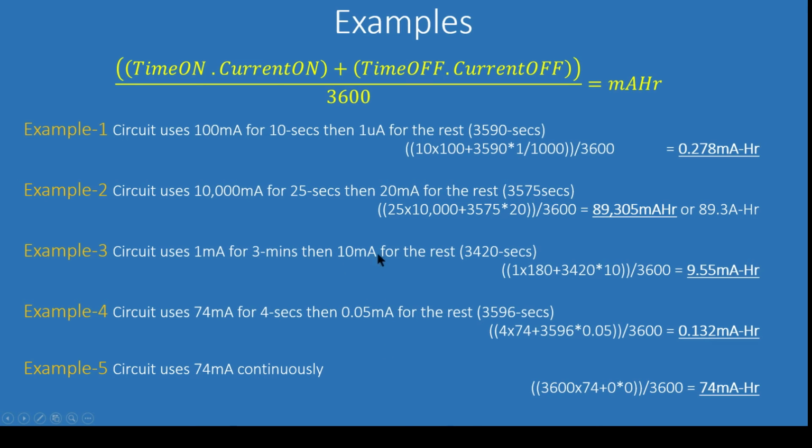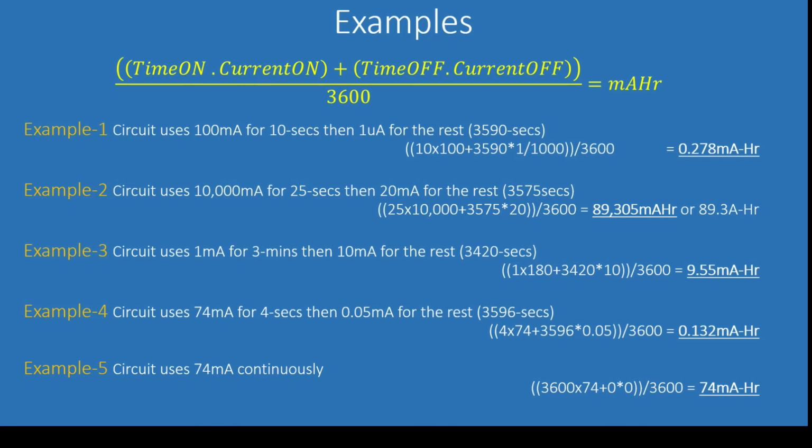Because this is the most dominant part of the calculation, logically you should expect the answer to be very close to this dominant, and indeed it is. The dominant part of the calculation, or the demand, is determining the final demand. A circuit that uses 74 milliamps, I keep using 74 milliamps because that's how much the ESP8266 uses when it's using its Wi-Fi transmitter.